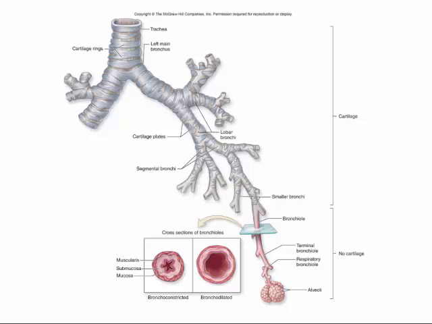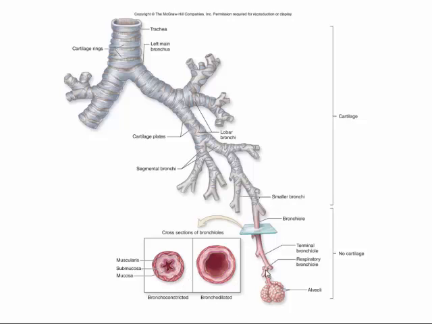Here you can see the transition from trachea to bronchial tree. Note that the main bronchi have cartilage rings, and smaller bronchi have cartilage plates. At the level of the bronchiole, cartilage is not found, and bronchoconstriction, along with mucus buildup or inflammation, can completely close off these smaller airways.